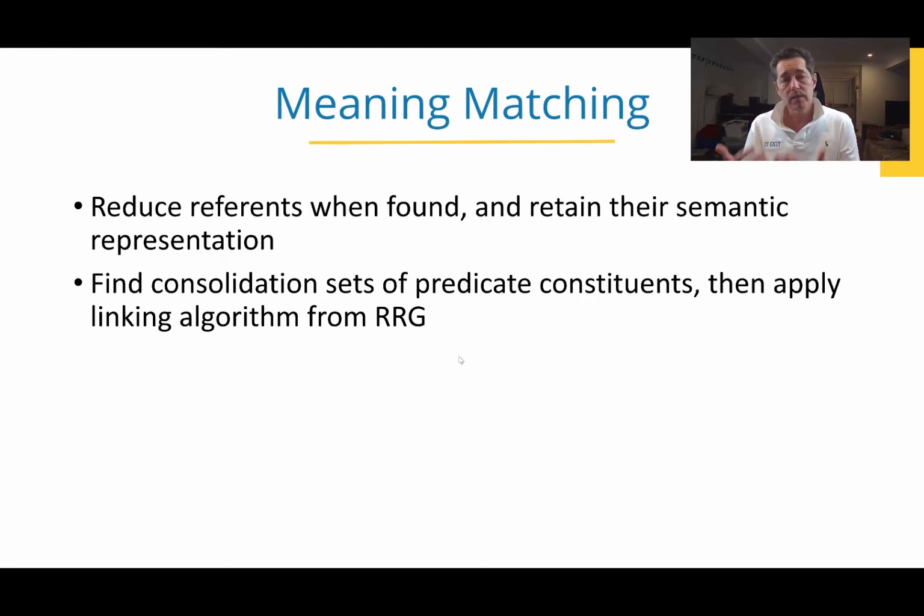So fundamentally, we're retaining the semantic representation of these referents that we get when we have these embeds, and we're creating a consolidation set. It's not like a parser, which would simply be pushing through based on parts of speech. We're actually retaining the meanings of these words as we go, and we're also retaining those semantic representations.